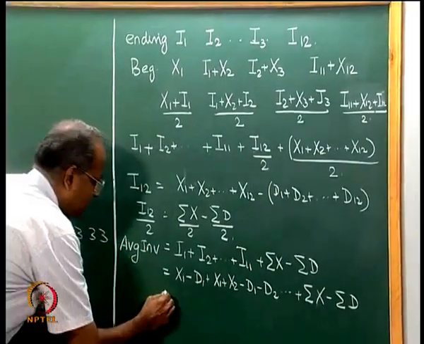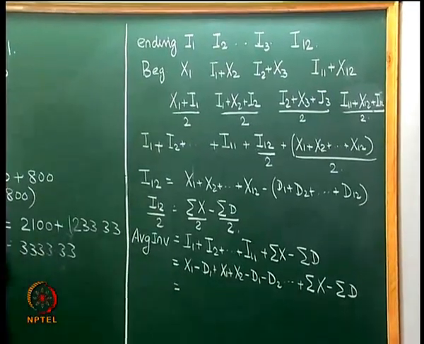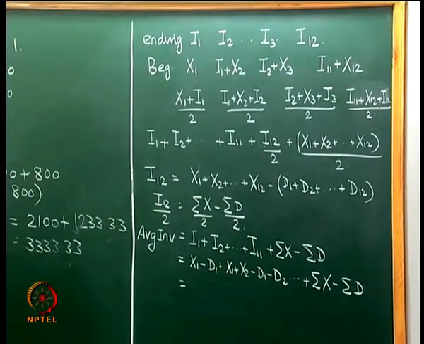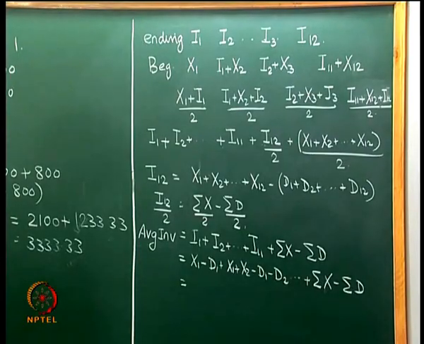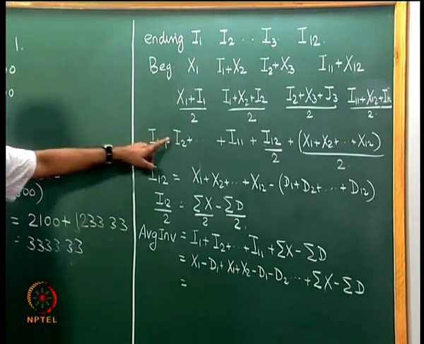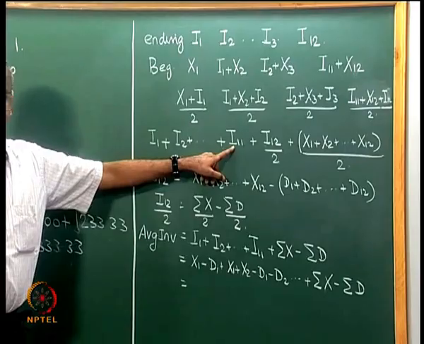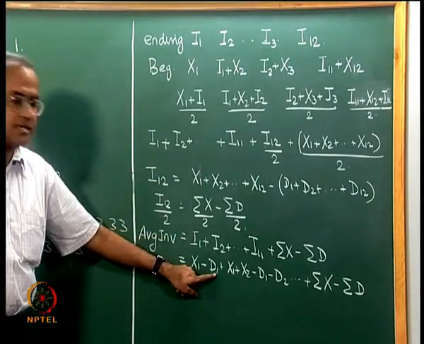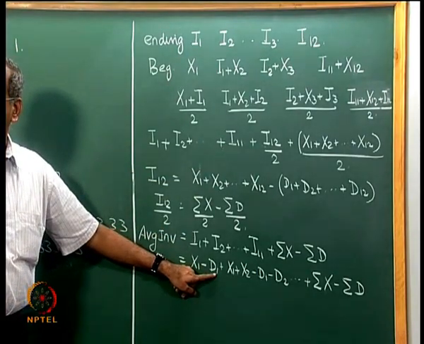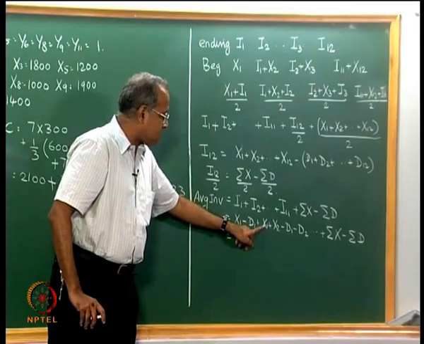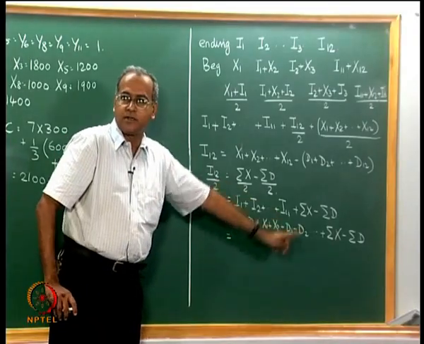Now, you get I1 plus I2 up to I11, which is what I am writing. I1 is x1 minus d1, I2 is x1 plus x2 minus d1 minus d2.